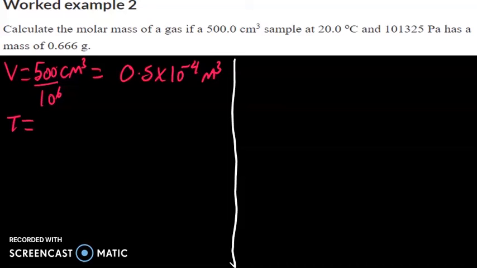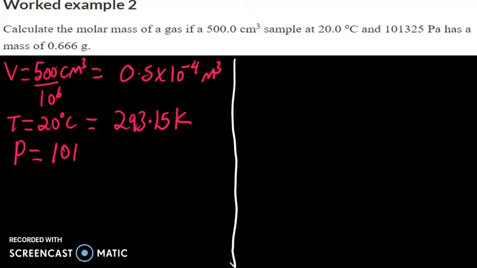And the temperature will be 20 degrees Celsius going to 20 plus 273.15, that will be 293.15 Kelvin. And the pressure thankfully is given to us as Pascal, so you don't need to do anything to it. And the mass is given to us as 0.666 gram. It's in the right unit, so you don't need to change it.